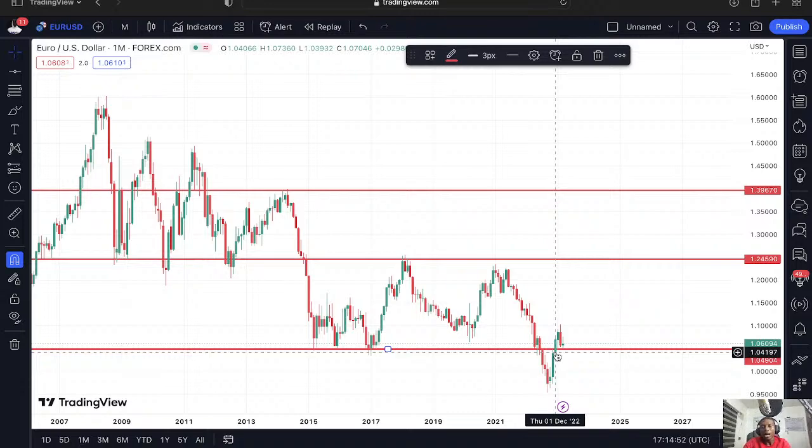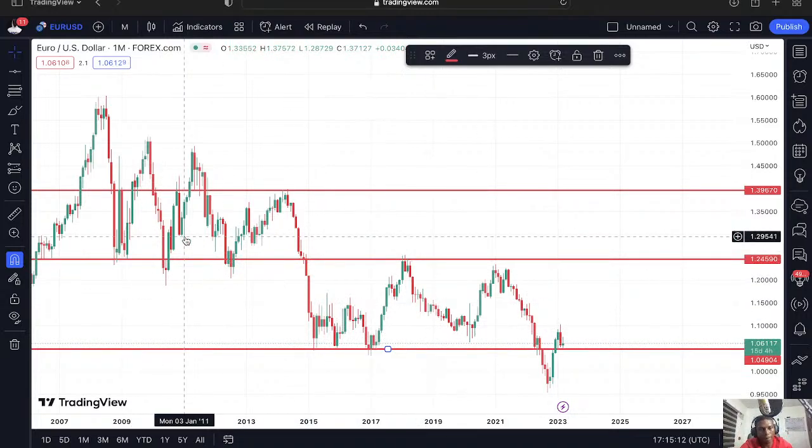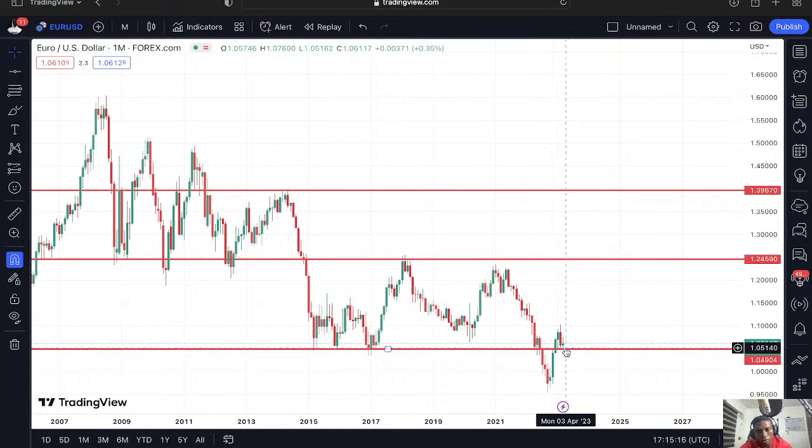Now we can see what price is doing here. After breaking back into that support level, we can see a very solid bearish candle pulling price downward again. Something important needs to be done here.